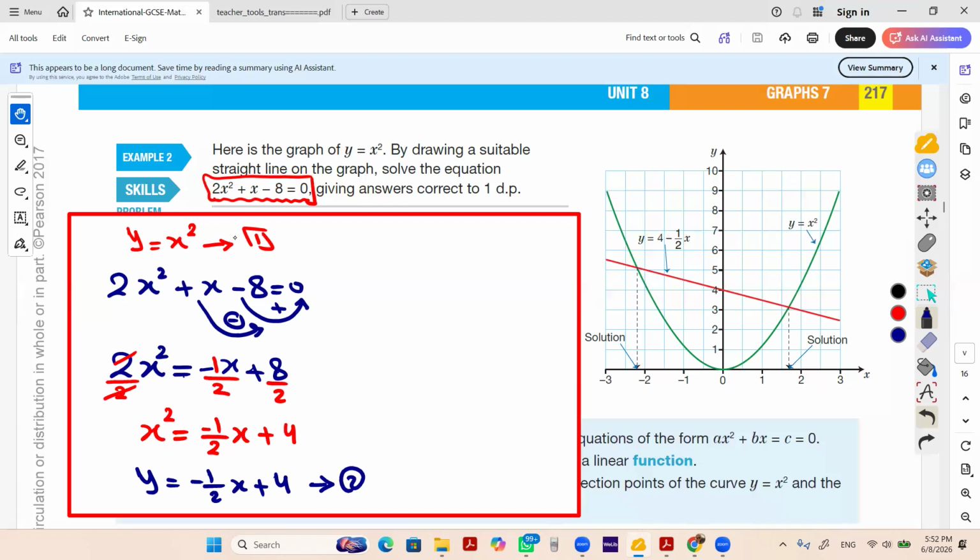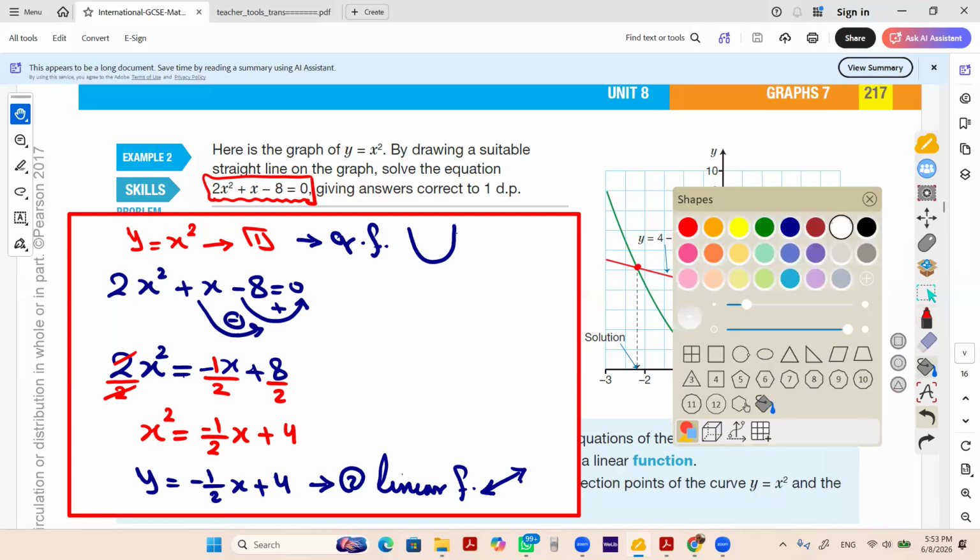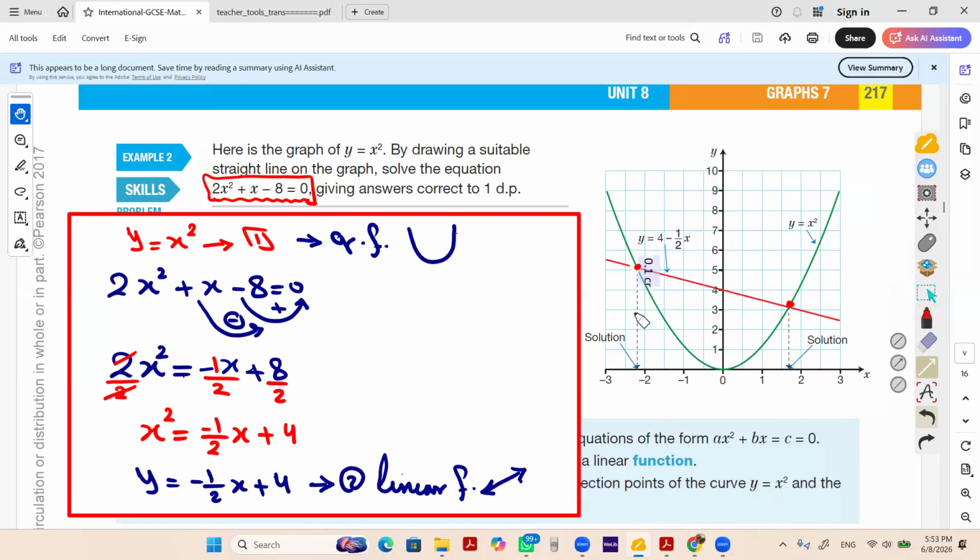So now you have two functions. The first one is the quadratic function, and the second one is the linear function, which is represented by a straight line. The first one is upward, and the second one is a straight line. The straight line and the function intersect at these 2 points. What do they represent?